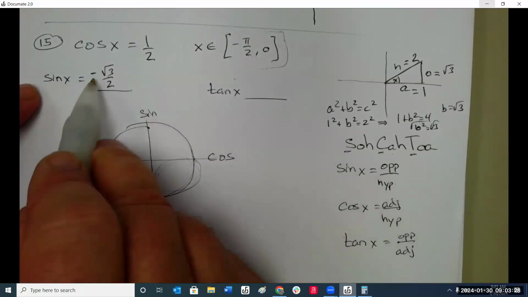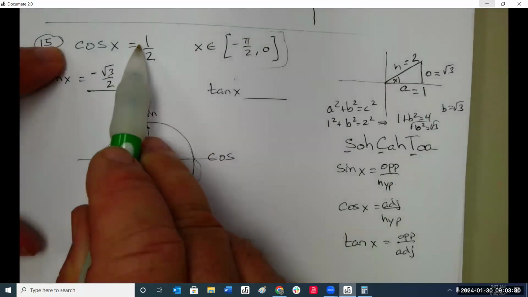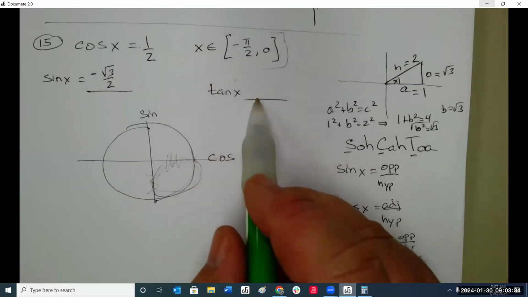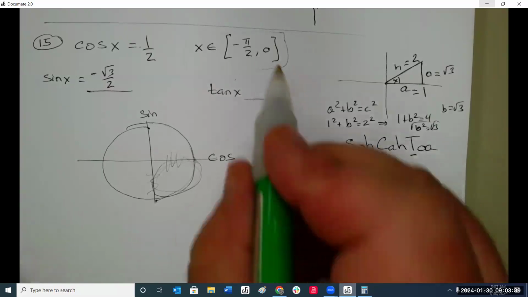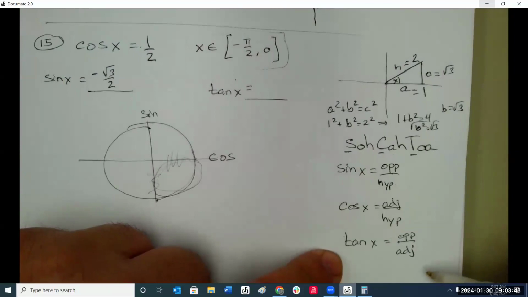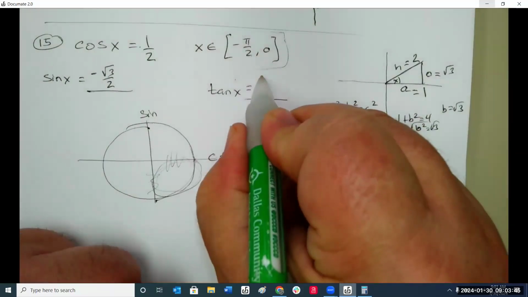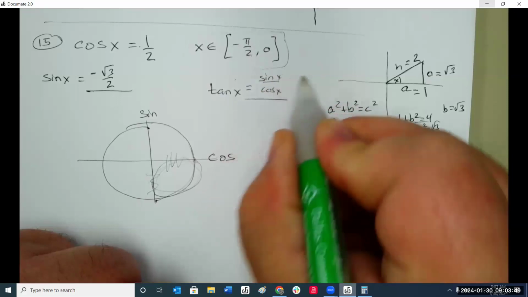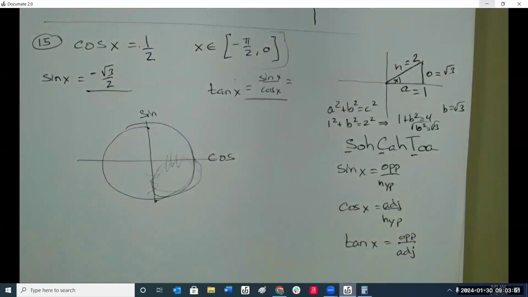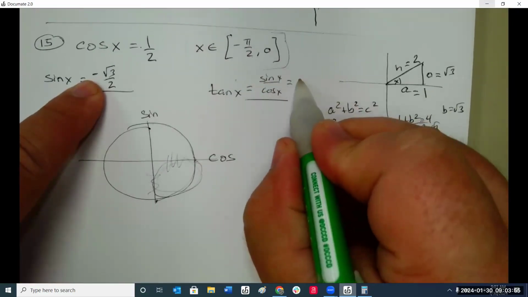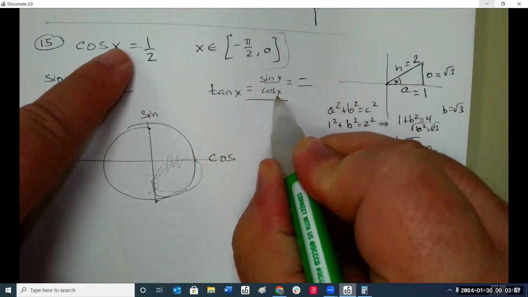So we know the sine value is negative and the cosine value is positive. What's the tangent going to be? Well, the formula for tangent, besides this, is sine over cosine. Why do I use that? Because we know sine is negative, cosine is positive.